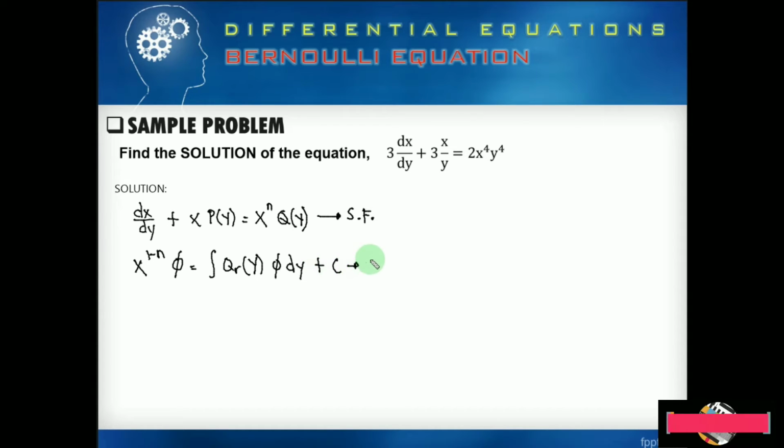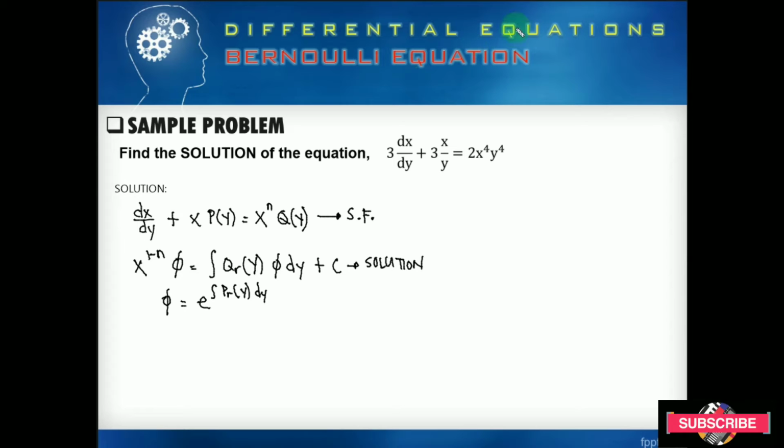And the integrating factor phi is e raised to the power of the integral of p as a function of y dy. So this is the standard form, the solution, and the phi that we will consider.